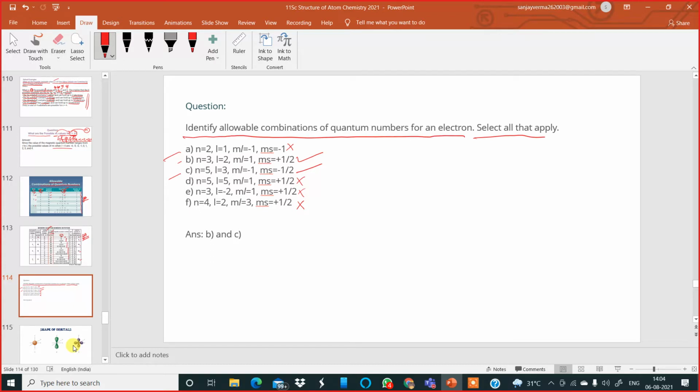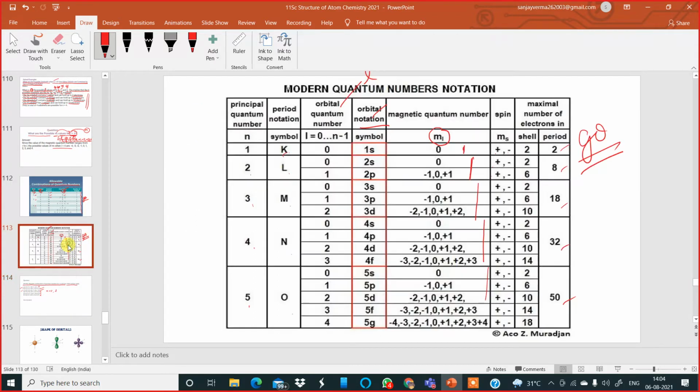For example, if you look at n is equal to 5, l is possible. Just check in the previous slide. For n is equal to 5, the value of l goes on, it starts from minus 5 and so on, plus and minus is there.